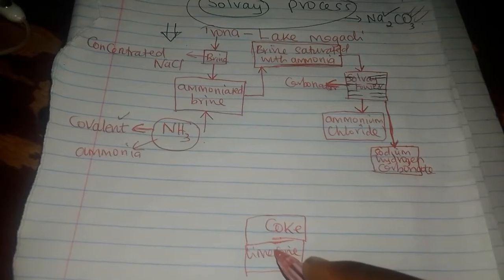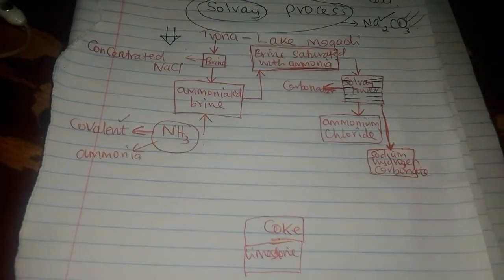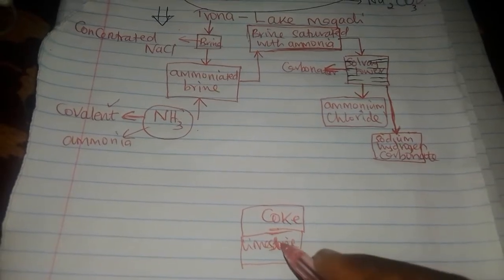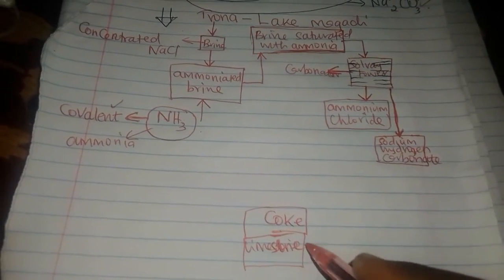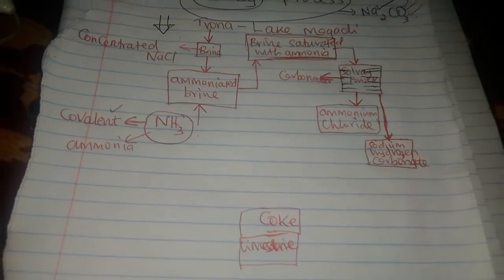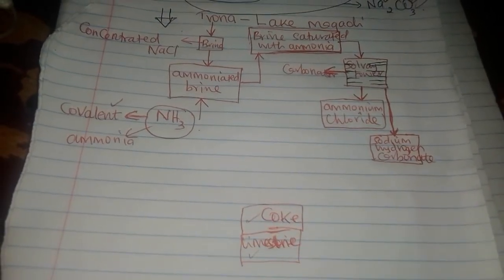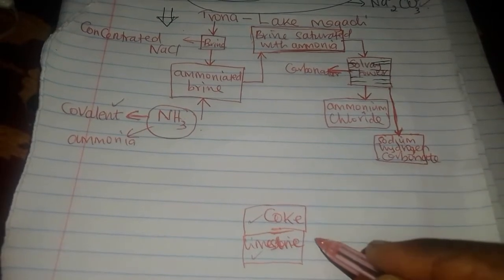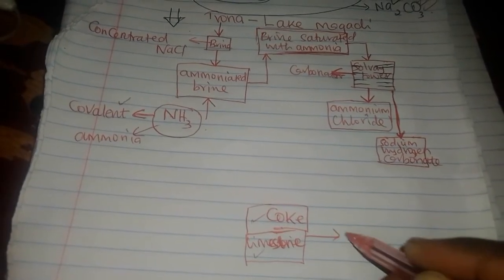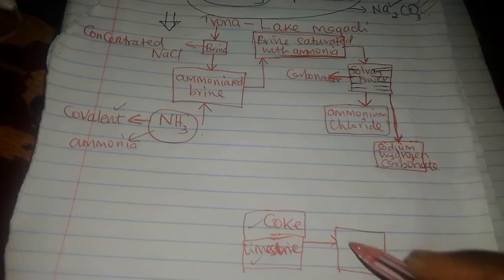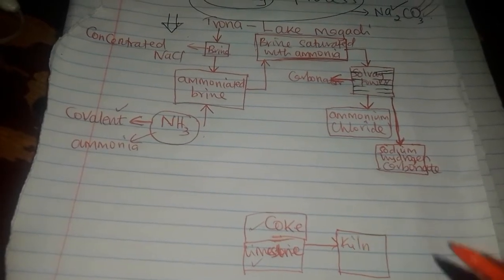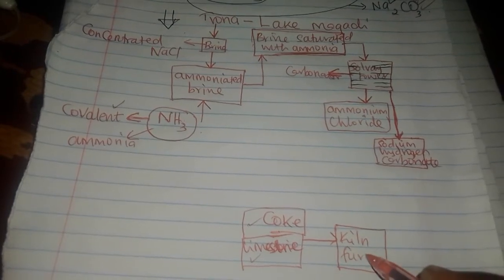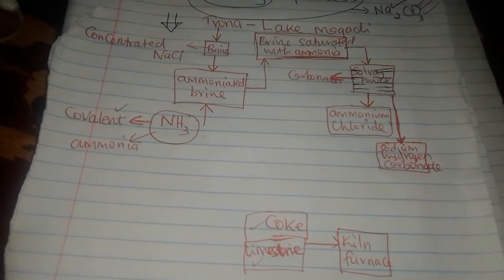So we have coke and limestone. These two are taken into another chamber here that I can call a kiln or even a furnace that has very high temperatures.